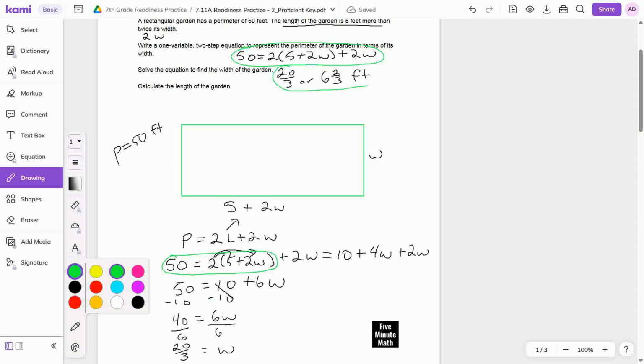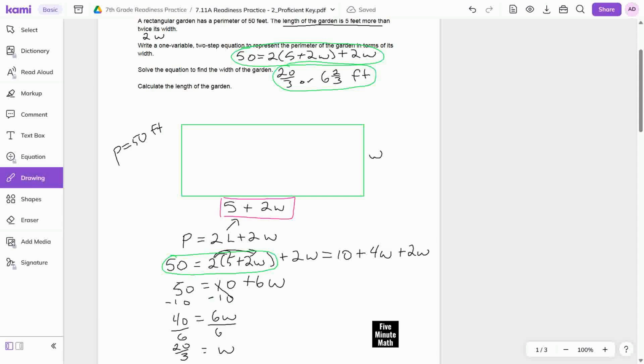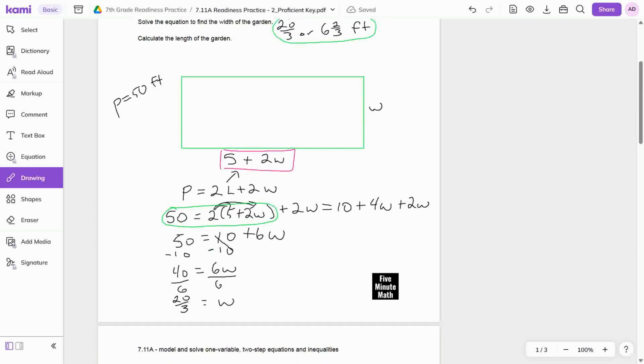Well, remember, the length is this right here. So let's plug that back in. I'm going to put the 20/3 back in. So it's 5 plus 2 times the width, and we now know our width is 20 over 3.